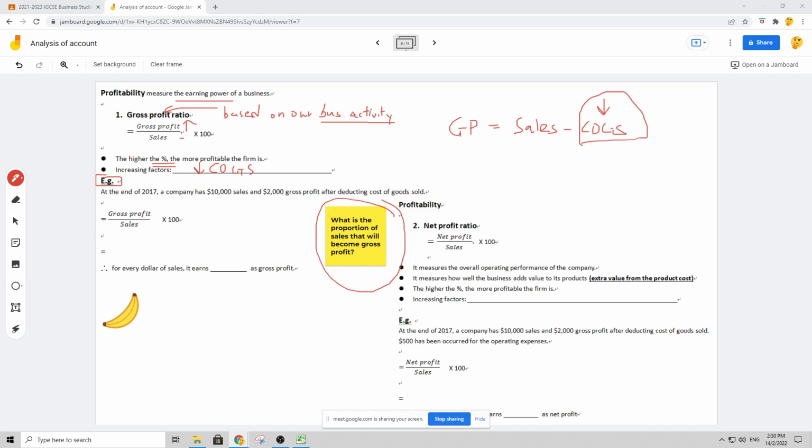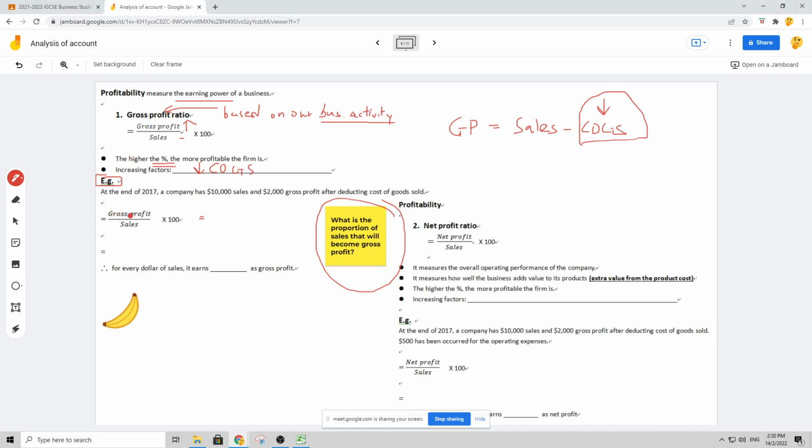Exactly, 20%. Make sure they have another format for profitability ratio. For liquidity ratio, it's always something to 1, but for profitability, we always use percentage.